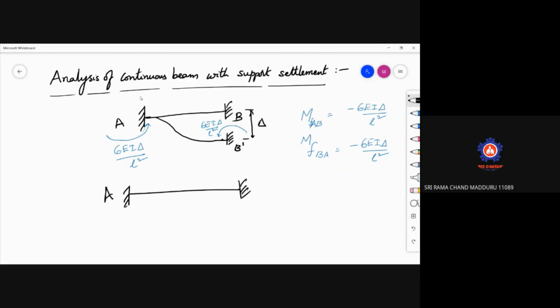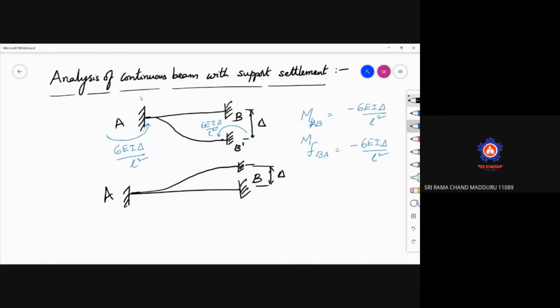So this is A and this is B, and now you can observe this when support B is lifted up by delta. So when it is lifted up by delta, that is the support change has occurred.